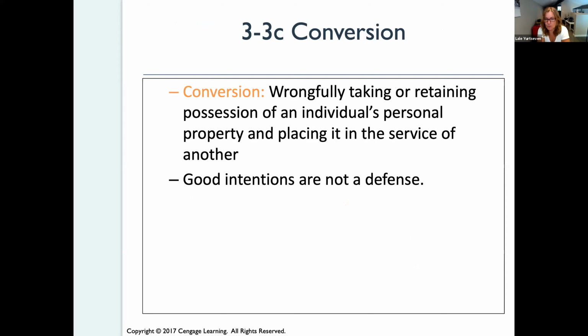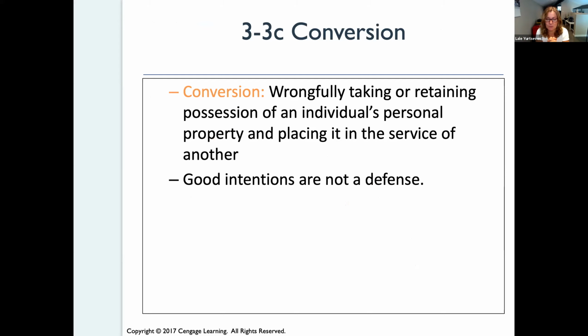Conversion still has to do with personal property. Wrongfully taking or retaining possession of someone's personal property and placing it in the service of another. If I take somebody's laptop and give that laptop to somebody else to use, I'm not using it, I don't have a benefit from it, but I'm converting it from that one person to another person.